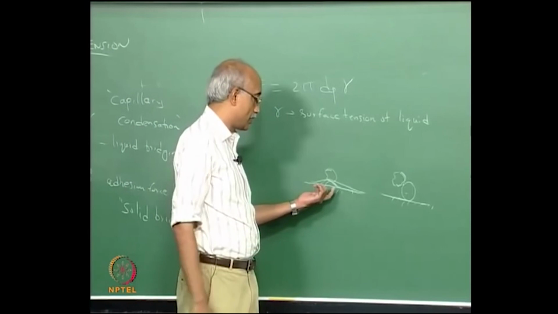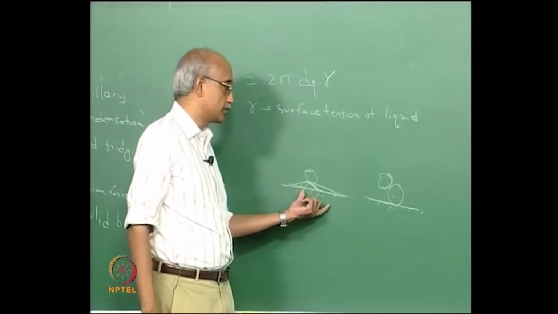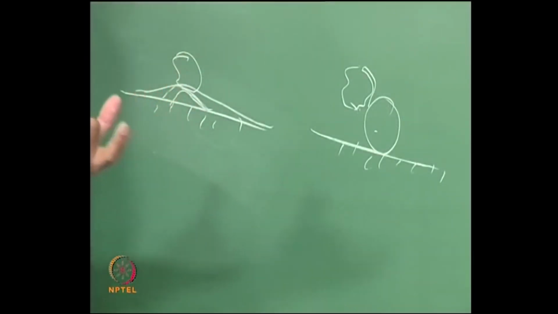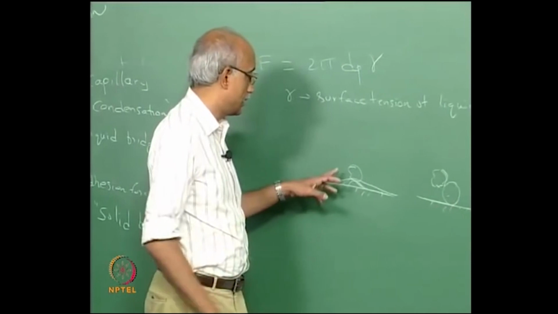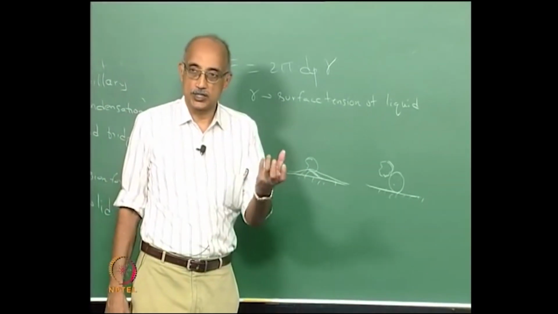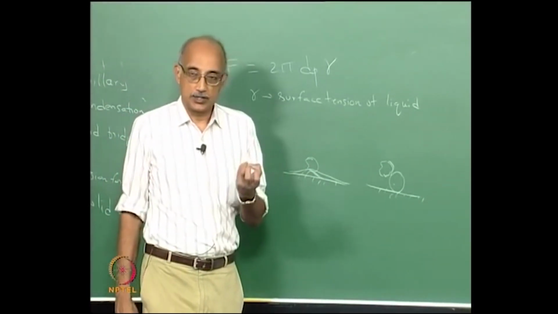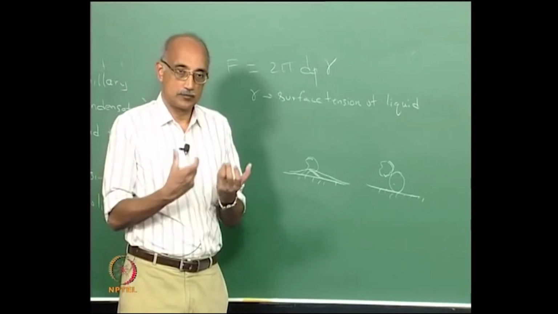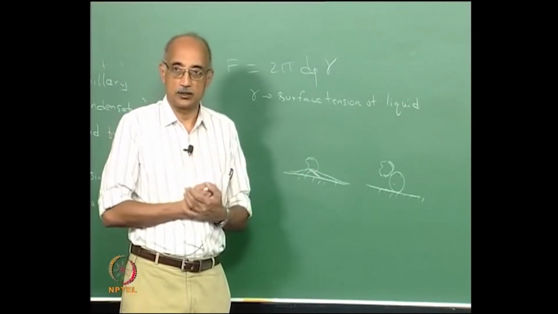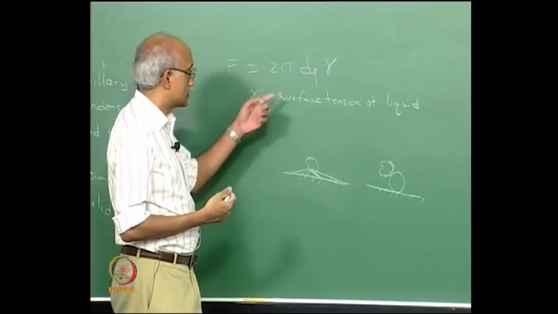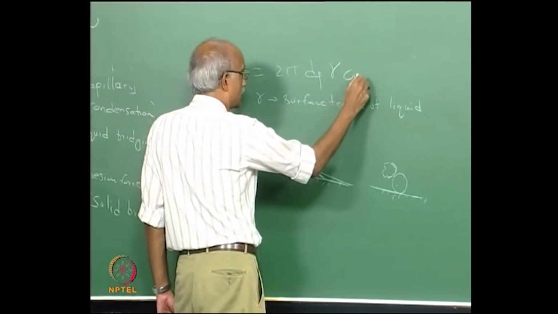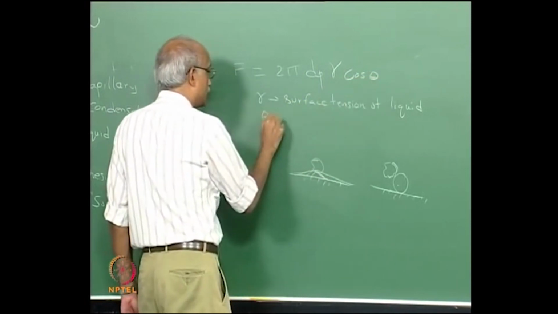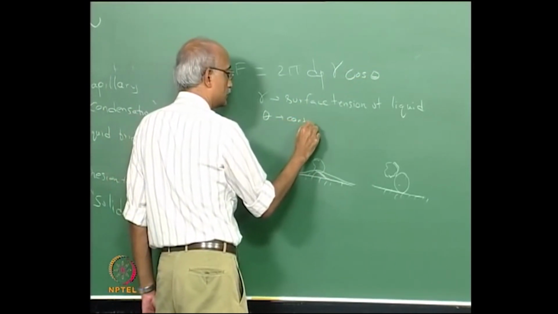On the other hand, if you have a hydrophilic surface and water on top of it, it will spread nicely on the surface, and then as the particle approaches, the capillary condensation will happen and you will get bridging between the particle and the surface. So, the general equation for the force of adhesion includes cos of theta, where theta is the contact angle.